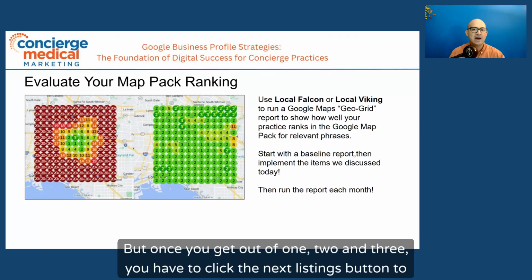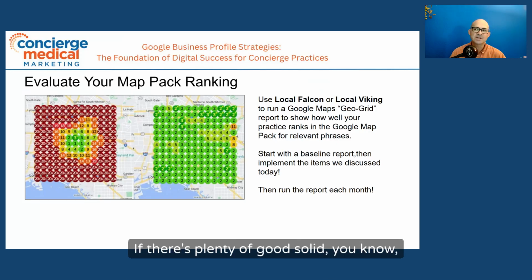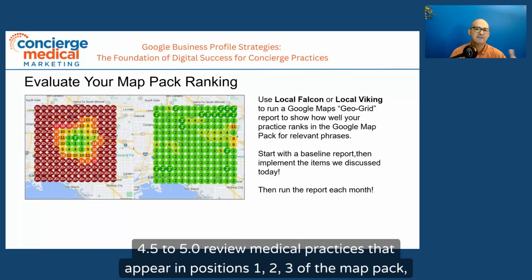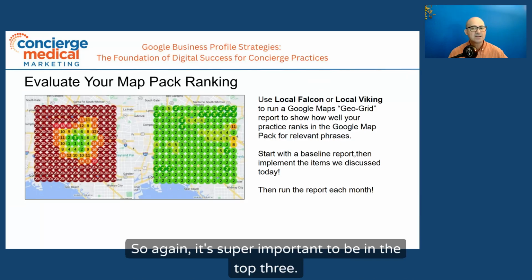But once you get out of 1, 2, and 3, you have to click the next listings button to get to it. If there's plenty of good, solid, 4.5 to 5.0 review medical practices that appear in positions 1, 2, 3 of the Map Pack, people may not actually go to the next listings. So again, it's super important to be in the top 3.